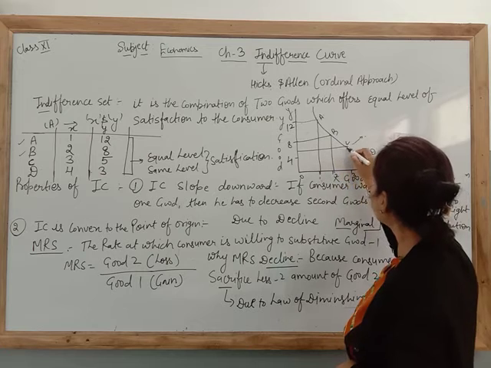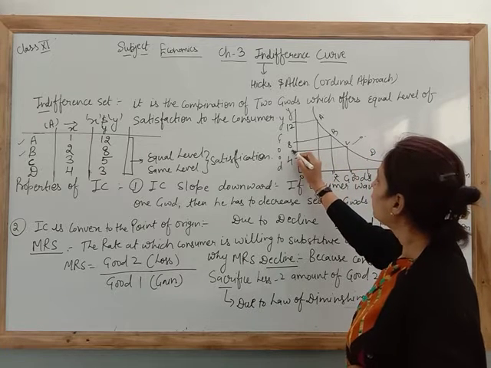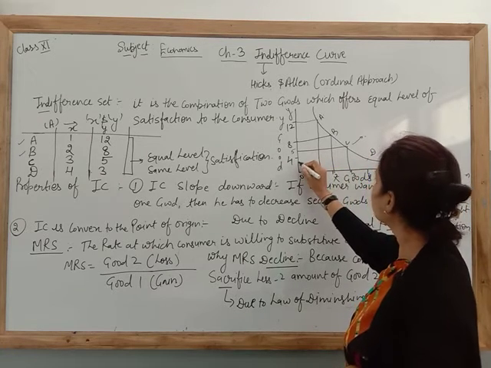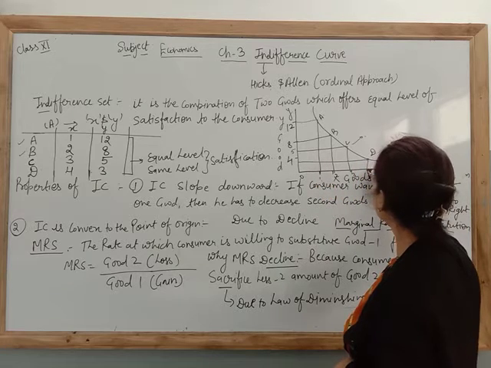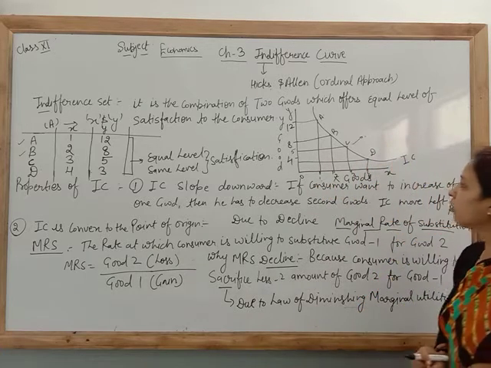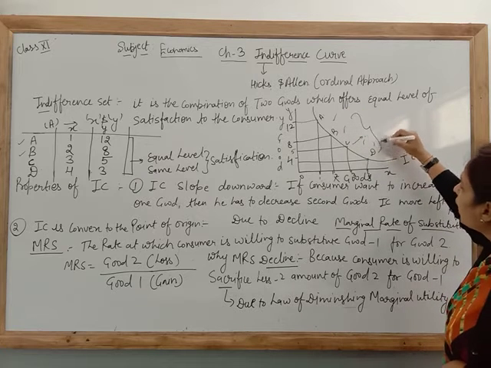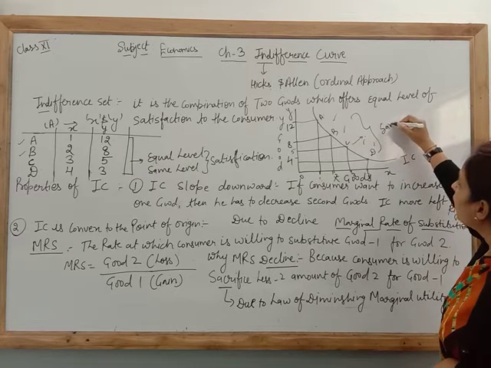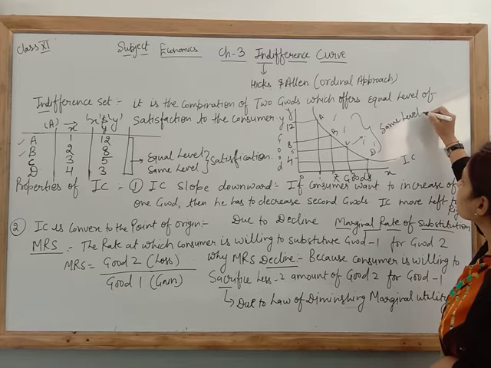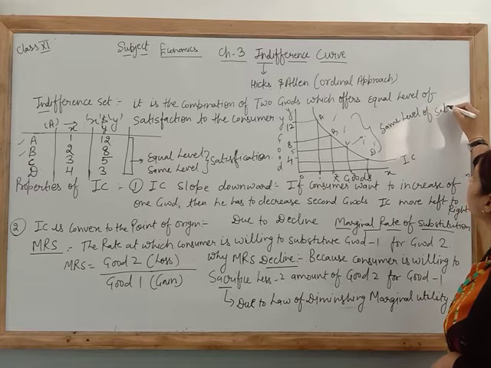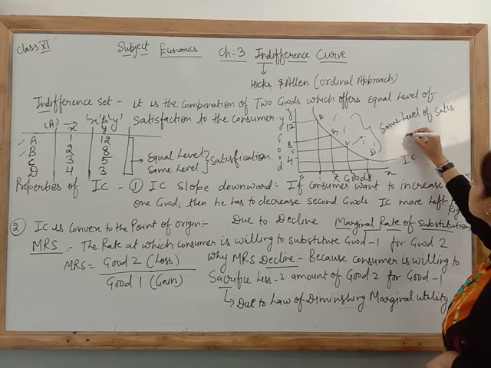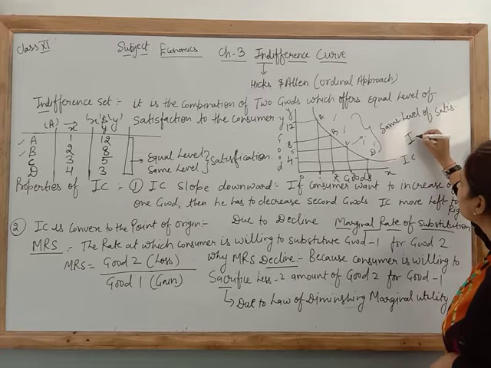If he gets 5 and 3, that is similar for him. If he selects 3 and 4, that offers him an equal level of satisfaction. All combinations offer him the same level of satisfaction, and due to the same level of satisfaction, this is known as an indifference curve.